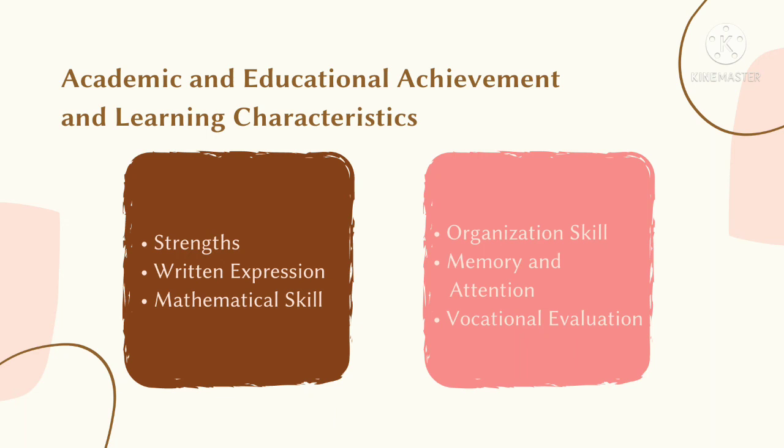So those things are under vocational, and it's up to the teacher on how he or she will evaluate that skill of the student. Those are the things under academic and educational achievements and learning characteristics that the teacher needs to consider in developing the needs of the students.